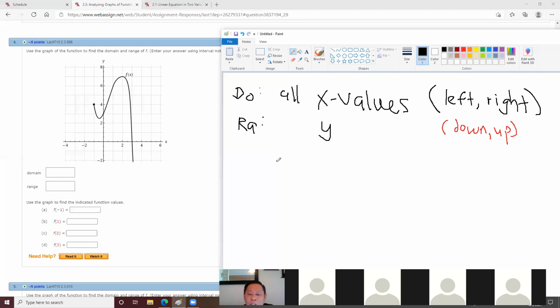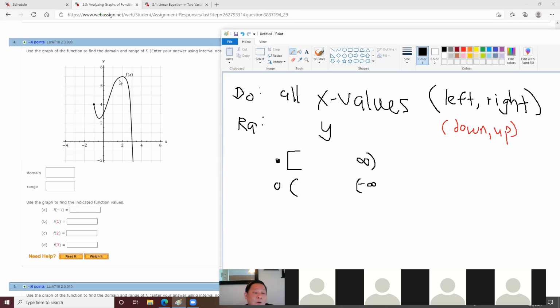If you have a dot, meaning it's included, we will use a bracket. If you have an open circle, we will use a parenthesis. If it goes to infinity, all infinities, we use parentheses, no matter if it's positive or negative infinity.